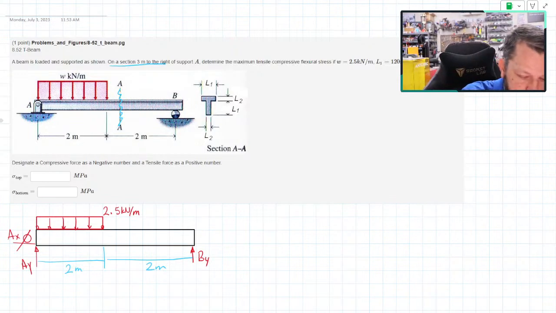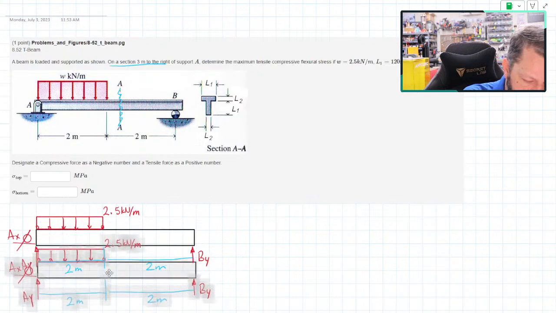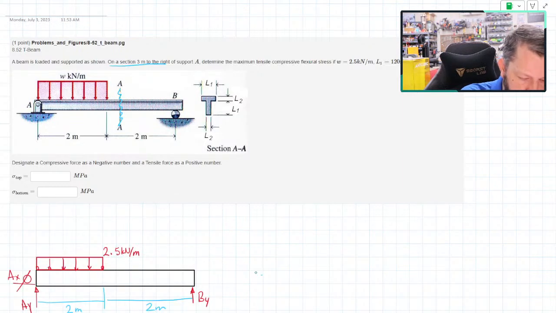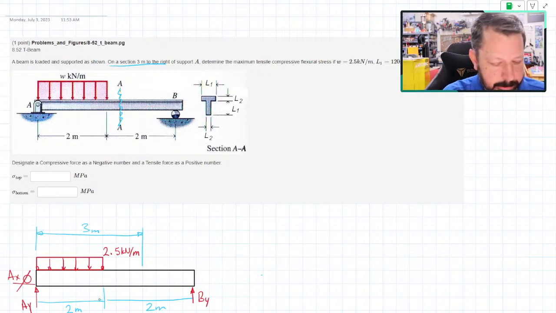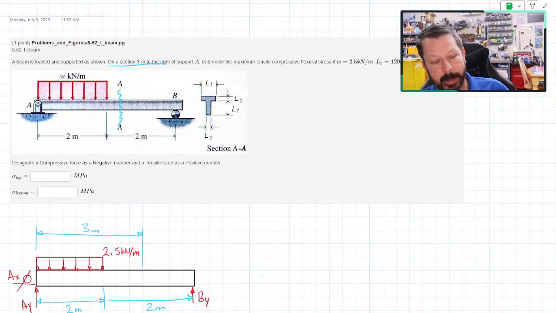So if I were to go over maybe here, let's do it this way. So if I were to go here, and maybe we'll say 3 meters is right there just for convenience. So for some reason, I'm particularly interested in that section. You know, I don't know why, but I am. And so you could have problems like this.